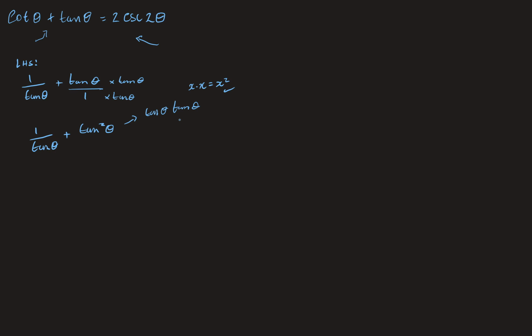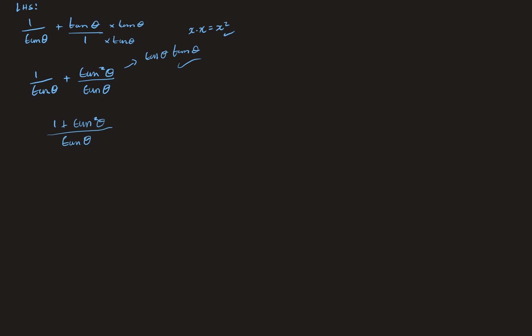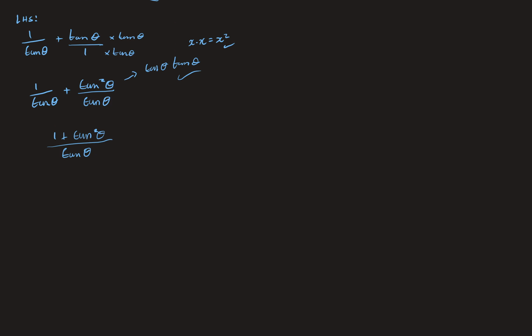Same thing here, this is tan squared, over tan theta. Now, since we have the same base, we can add the numerators over a common base of tan theta. So we get 1 plus tan squared theta all over tan theta.